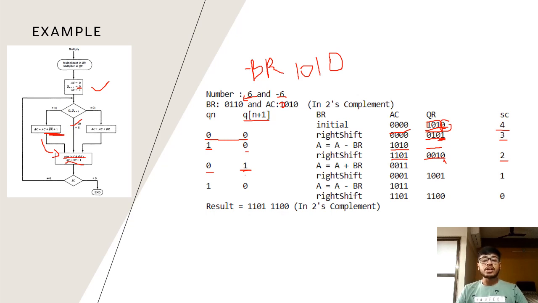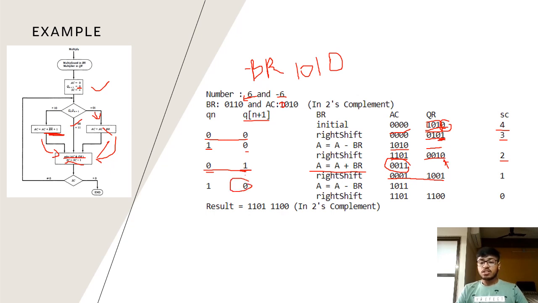Now the combination is 0 and 1. The 0 1 combination means we have to add BR into the accumulator. After adding BR into the accumulator, we get the value 0 0 1 0. And after adding, it is shifted by 1 bit. So after shifting, it becomes 0 0 0 1 1 0 1 1, and this 0 bit is moved into Qn plus 1.